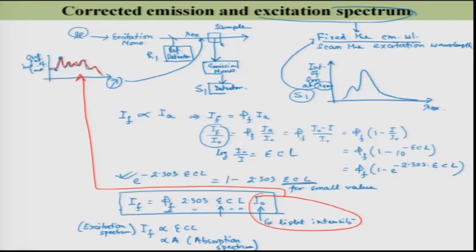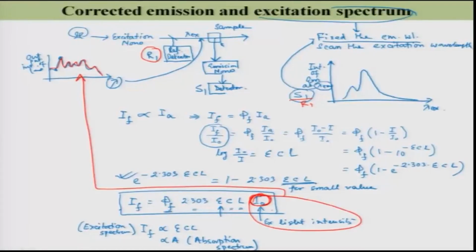So, what you have to do is use this reference detector. Now, if you do S 1 by R 1, that means you are normalizing the observed intensity at the S 1 detector with the reference intensity. That means you are somehow making this I 0 remain constant, just by using S 1 by R 1.